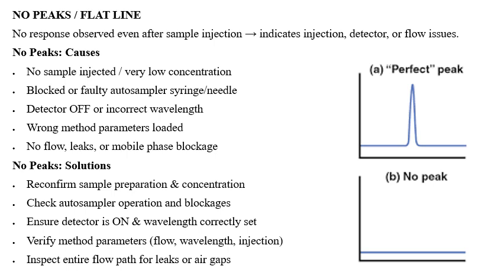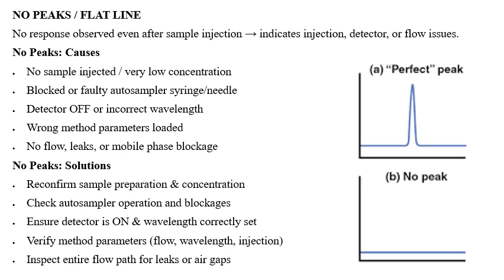You are not getting the peak. So common causes are no sample injected, very low concentration of the sample, blocked or faulty autosampler, syringe or needle, detector off or incorrect wavelength, wrong method parameters loaded, no flow or leaks or mobile phase blockage. These may be the reasons.